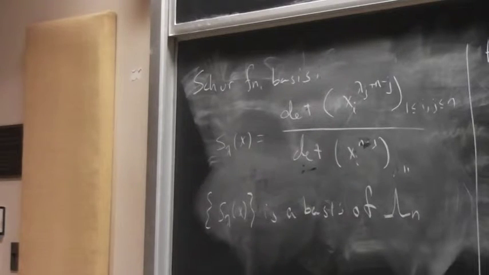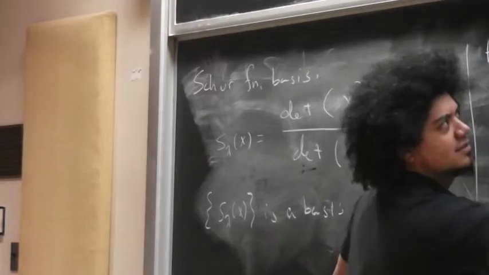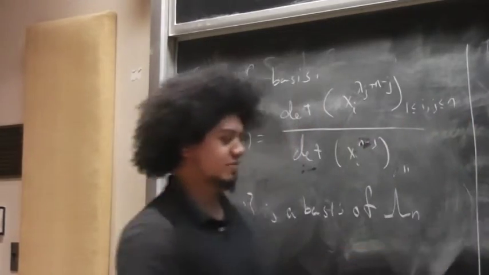Now we have two bases. What do we do with bases? We find their transition matrices. Why else would I give you two bases?